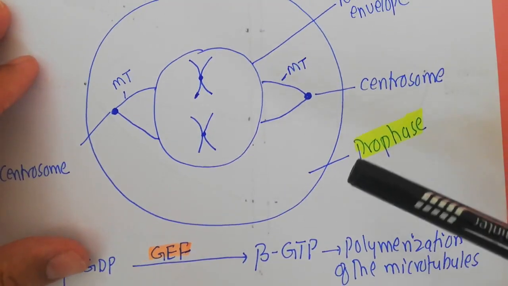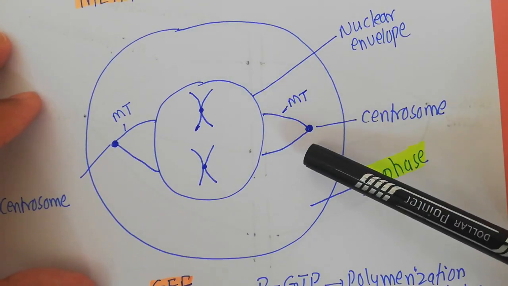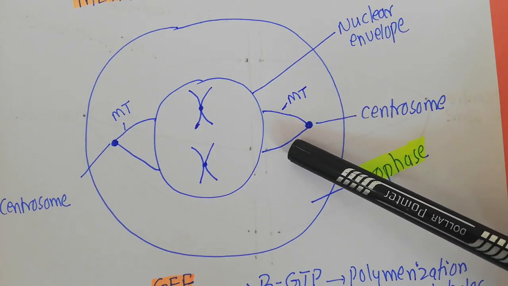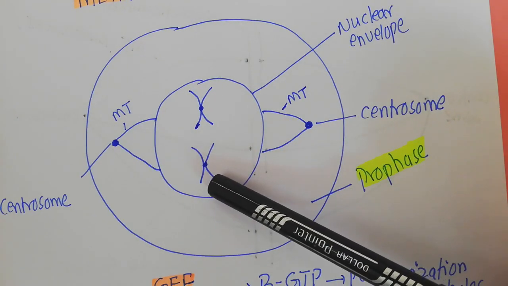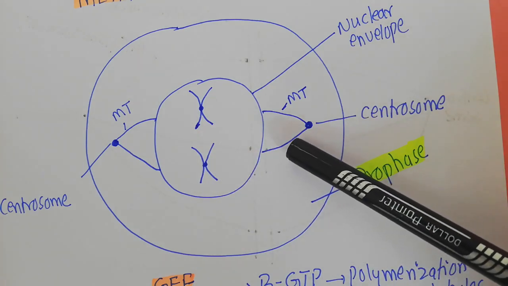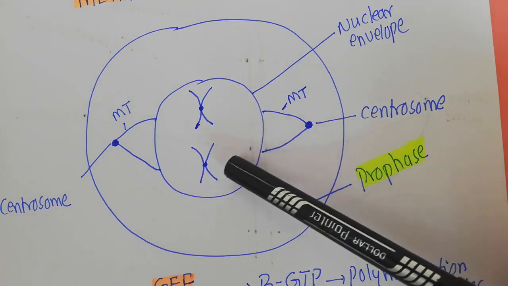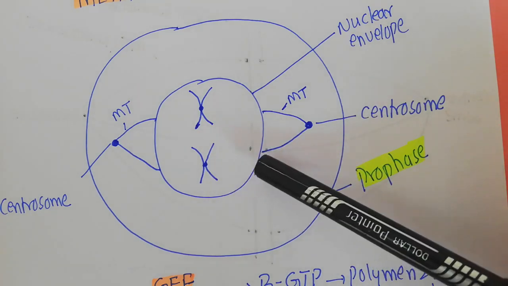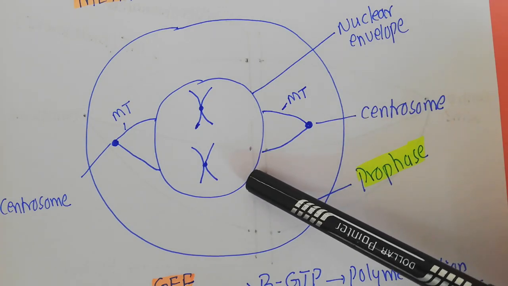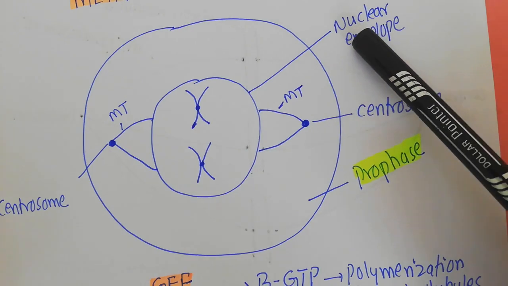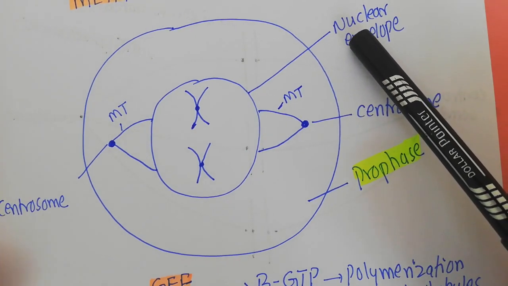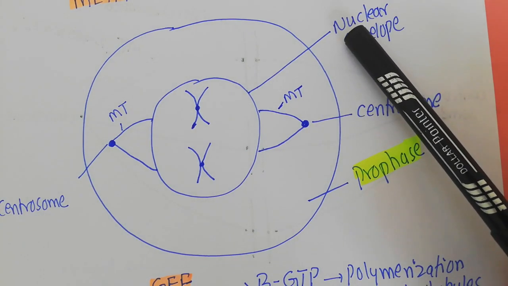If you look at this figure, here you have the polymerization of the microtubules. You have already duplicated the genetic material, but these microtubules will not be able to interact with the sister chromatids unless you get rid of this nuclear envelope. And this nuclear envelope was dissolved by the action of the MCDK, we have already discussed that.